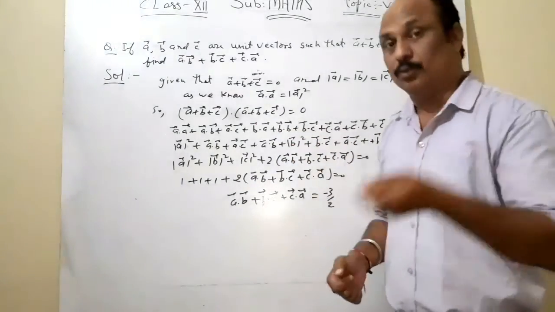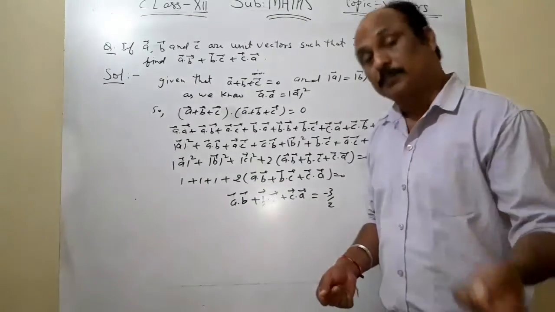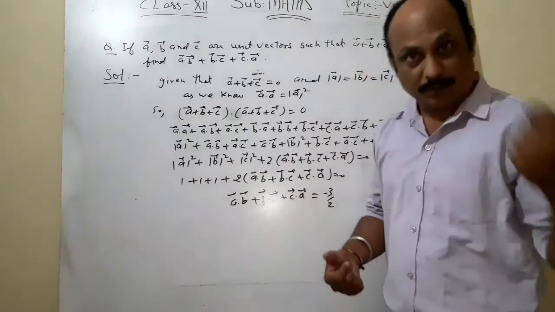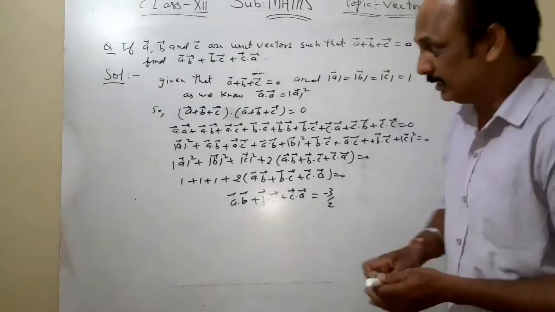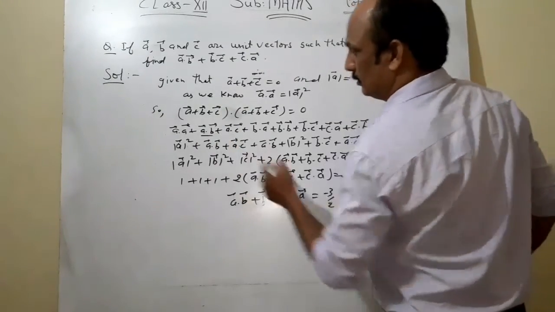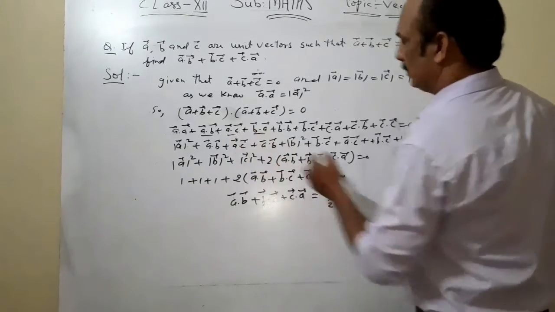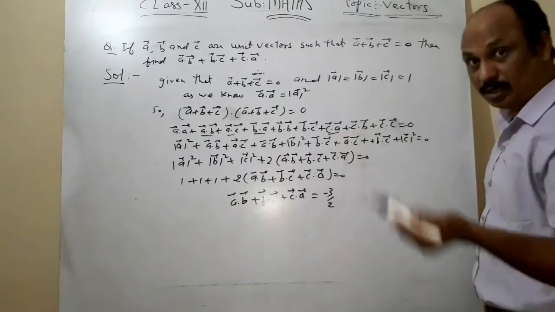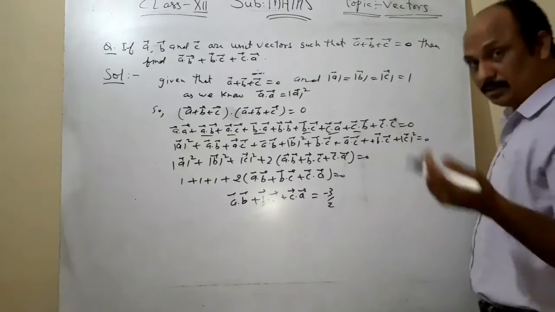And as we know, a dot b is equal to b dot a, b dot c equal to c dot b, and c dot a equal to a dot c. Listen, this and this are equal, this and this also equal, and this and this also equal.